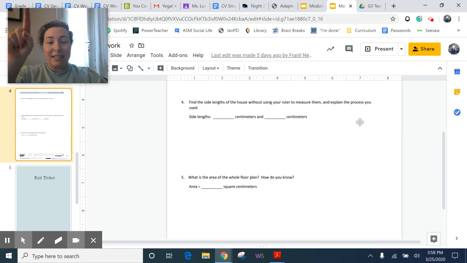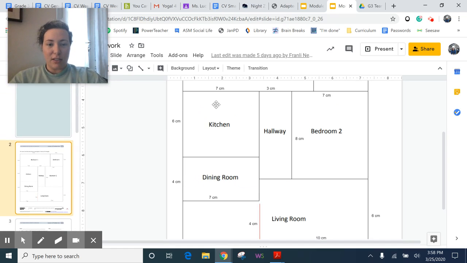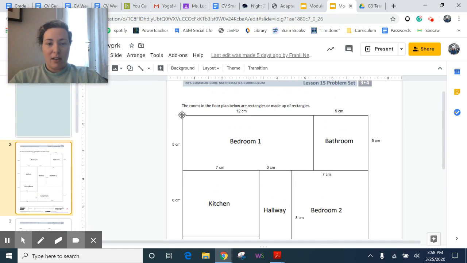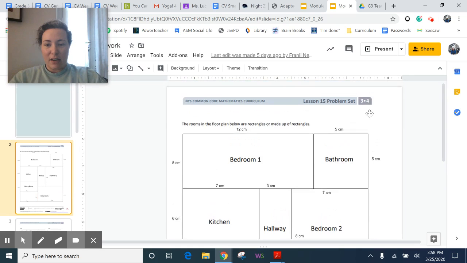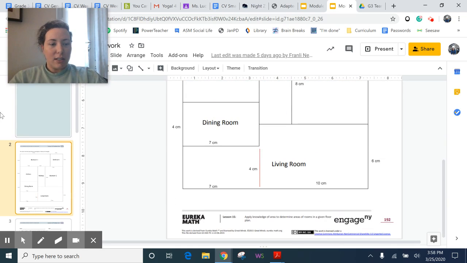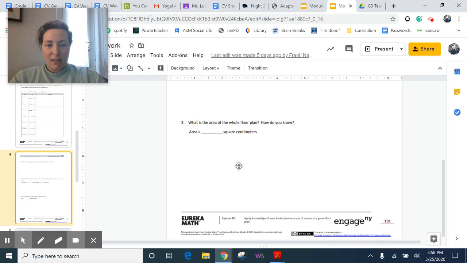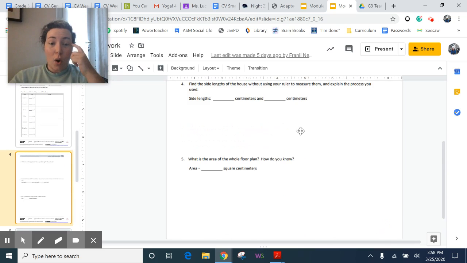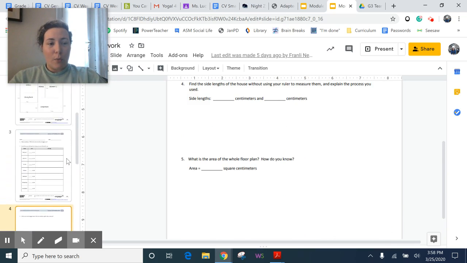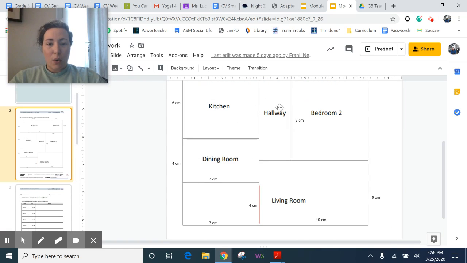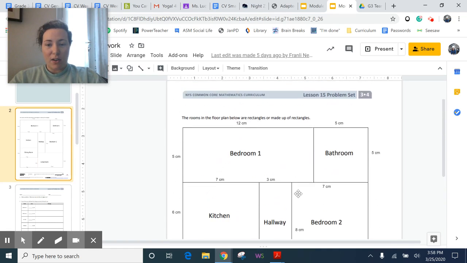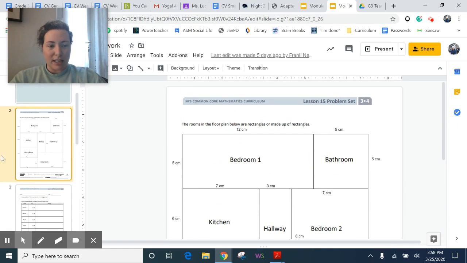So find the side lengths of the house. So that means around the whole outside of the house. What are the dimensions? So what is the dimension across here and then down the side here as well? Then what is the area of the whole floor plan? So what is the area of this whole house all together, all of the rooms all together?